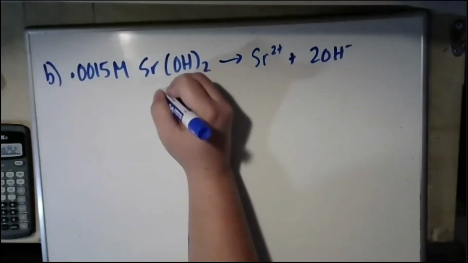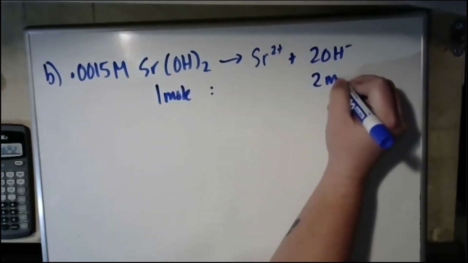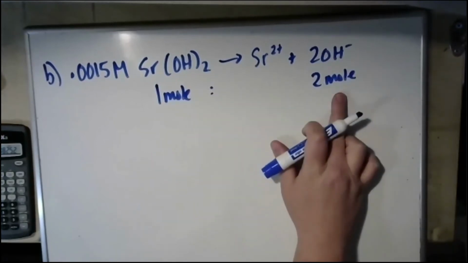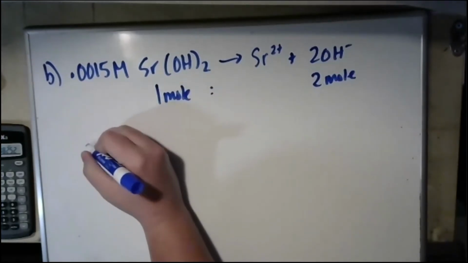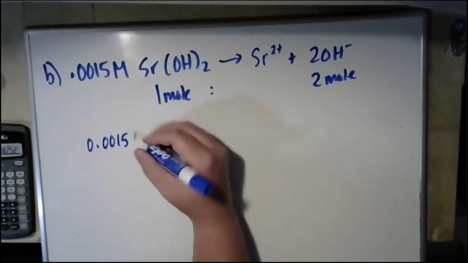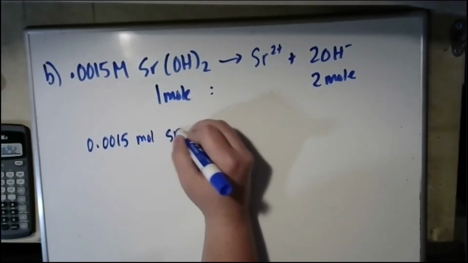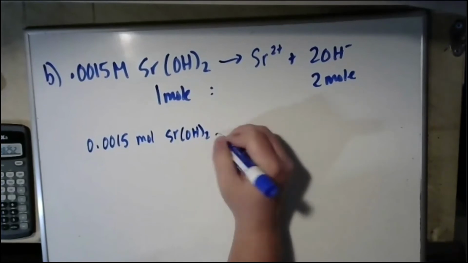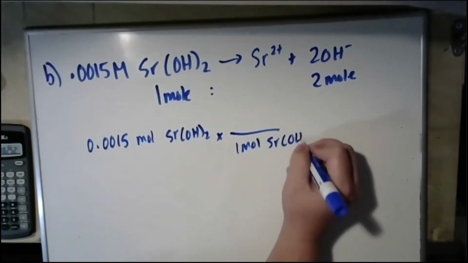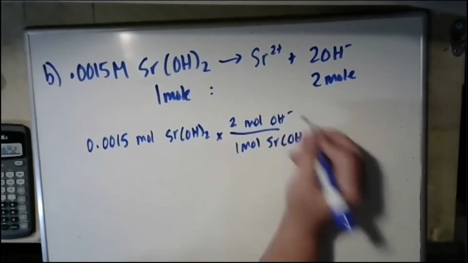When strontium hydroxide dissociates in water, it's going to form one strontium ion, which is Sr2 plus, and two hydroxide ions. So that means there's a 1 mole to 2 mole ratio between our base and our hydroxide ion. If we have 0.0015 moles of Sr(OH)2, every 1 mole of Sr(OH)2 is going to have 2 moles of OH minus.